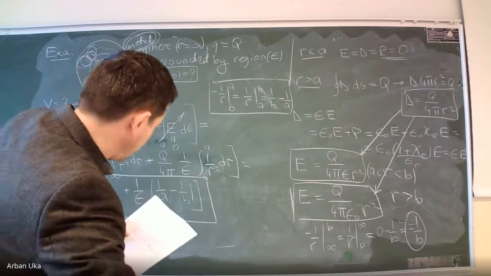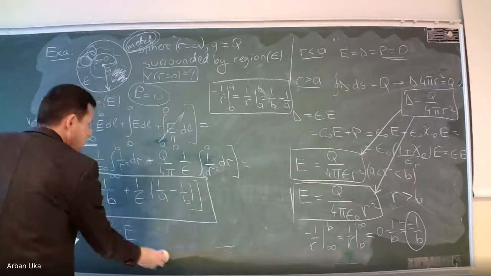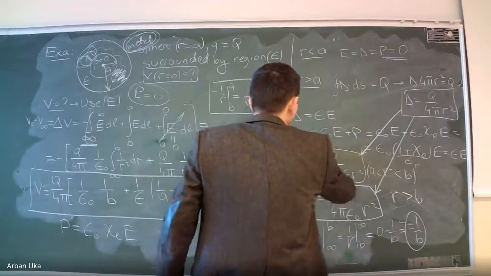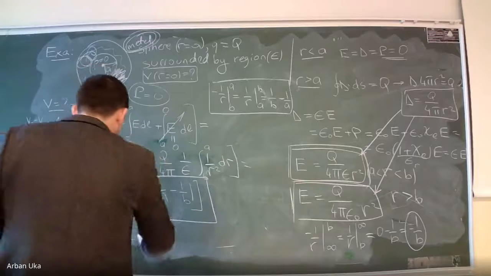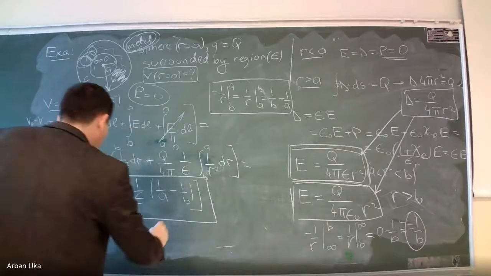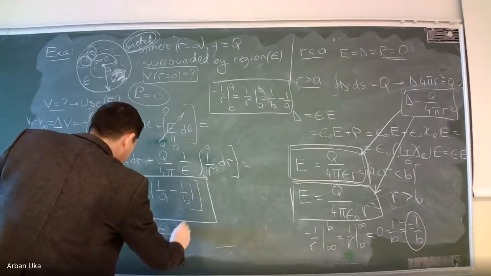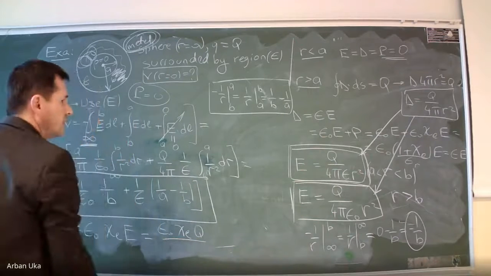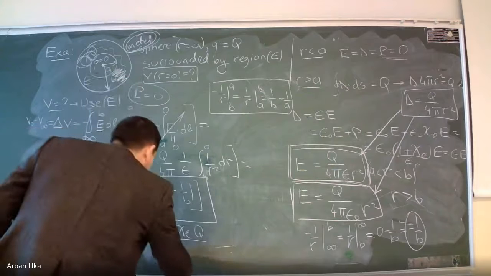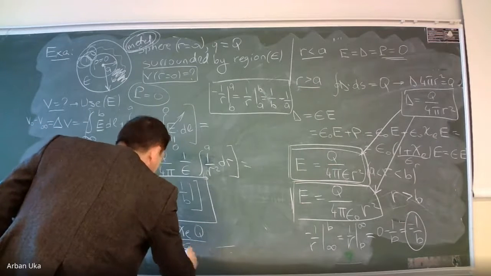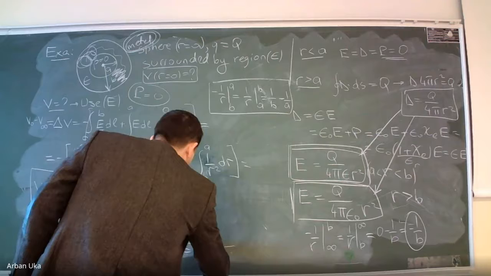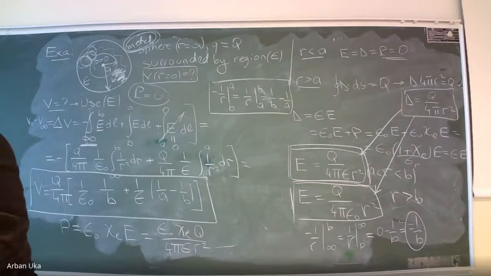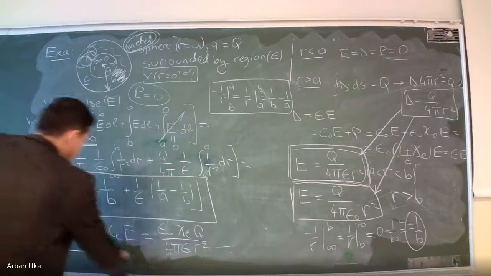But the electric field in consideration is the electric field in the region between a and b, which is this. So this will be equal to epsilon 0 chi e, substituting for Q over 4 pi epsilon r squared. So this will be the polarization.